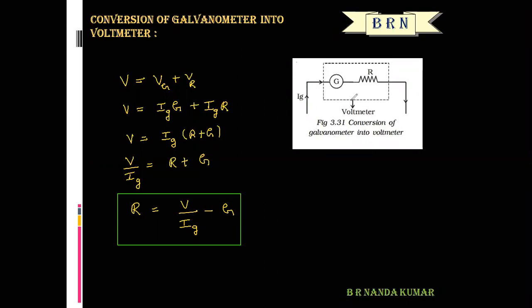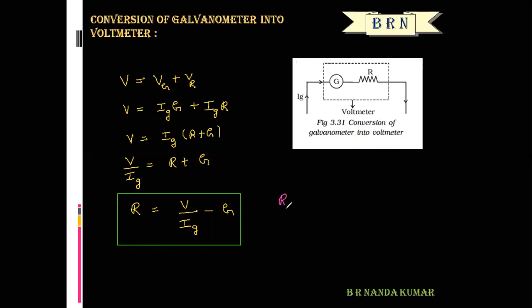An ammeter is always connected in series with the circuit. Usually the resistance of a voltmeter is maximum. The effective resistance of a voltmeter is maximum.